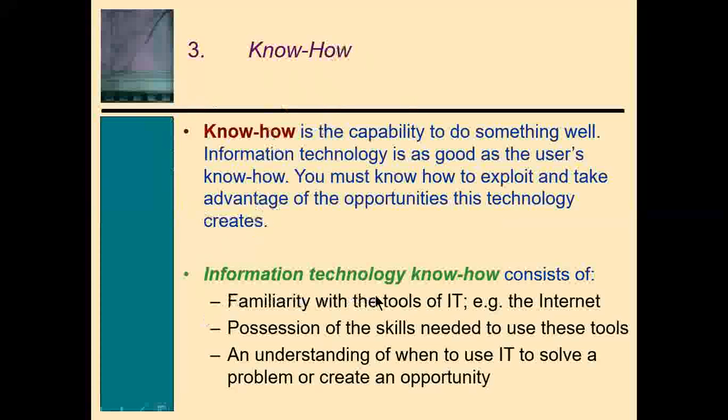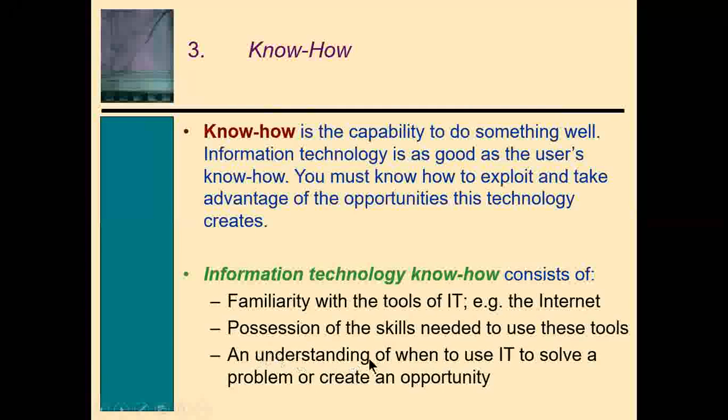So information technology know-how consists of, one, familiarity with the tool. You need to know the tool very well. Two, possession of the skill needed to use these tools. And three, an understanding of when to use IT to solve a problem or create an opportunity. Otherwise, if you don't know, you might use the computer or tablet to prepare food, which is quite a wrong thing, of course, for ICT.